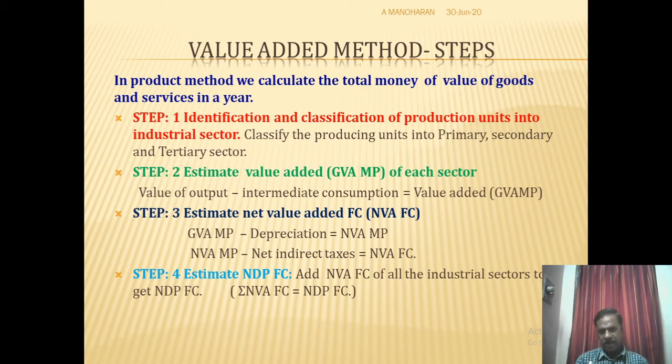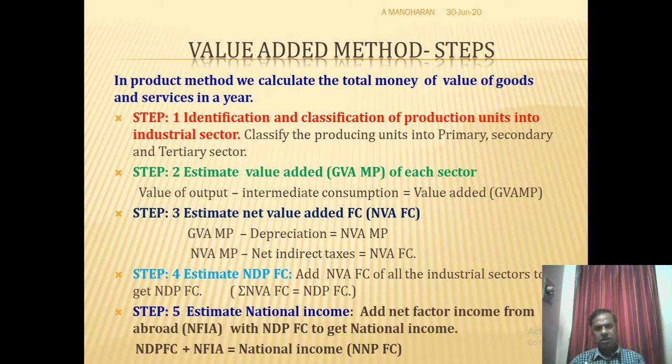Then we add the net value added of the primary sector, secondary sector and tertiary sector, then we will get NDPFC, net domestic product factor costs. NVAFC is net value added factor costs. So the sum of NVAFCs of all the firms or all the sectors in the economy is equal to NDPFC.